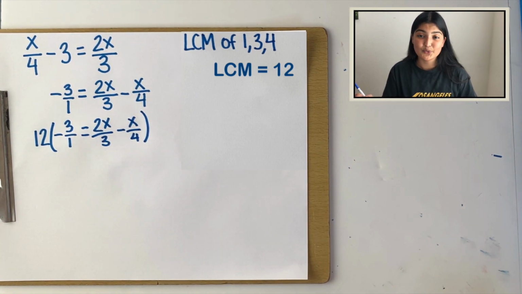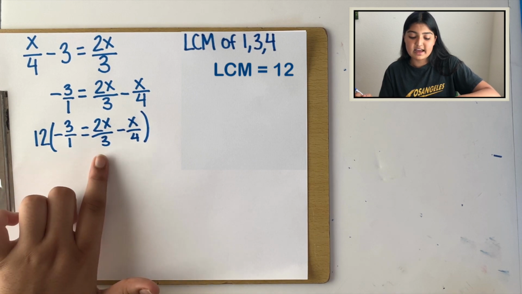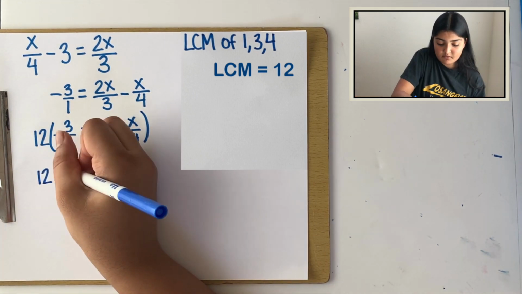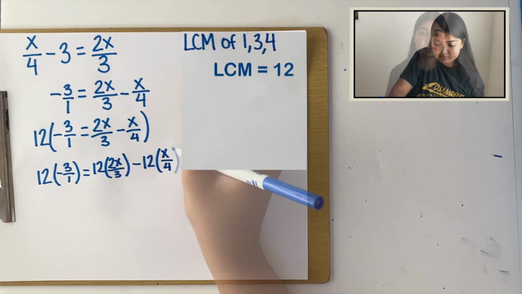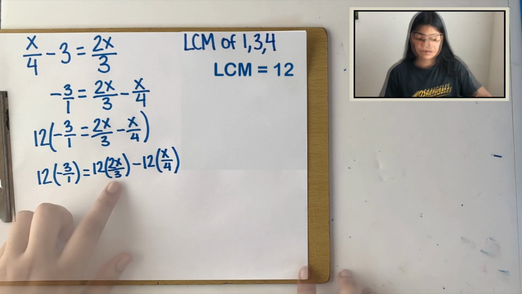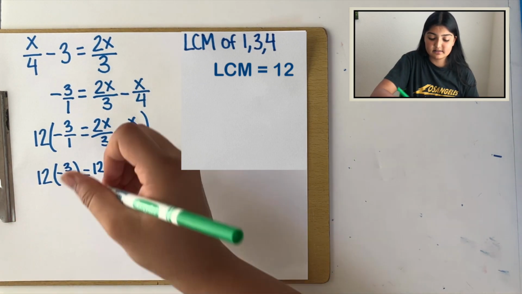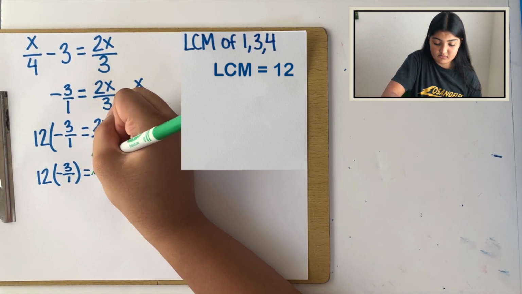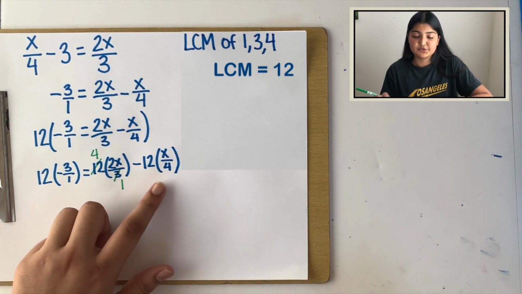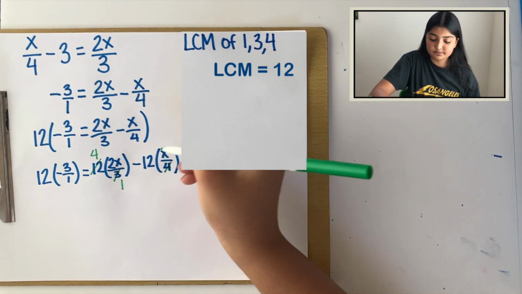Now, we can distribute 12 to each one of these terms. Now, let's cross and divide anything that we can. 3 goes into 12 4 times. And 4 goes into 12 3 times.